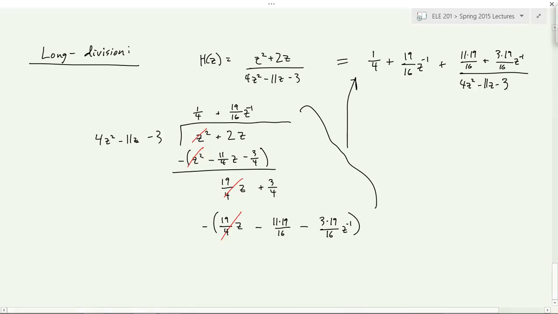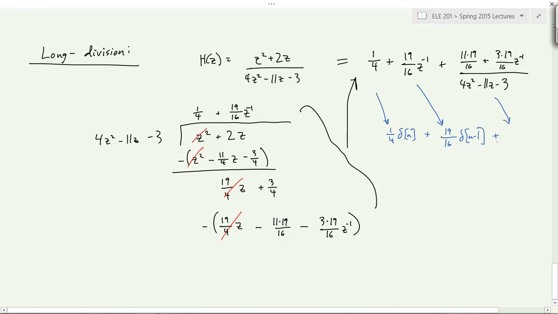The point is this. These terms here, we know the inverse z transform of these terms. That just becomes 1/4 delta n, and this becomes plus 19/16 delta n minus 1. And then this part doesn't start until after time 1.